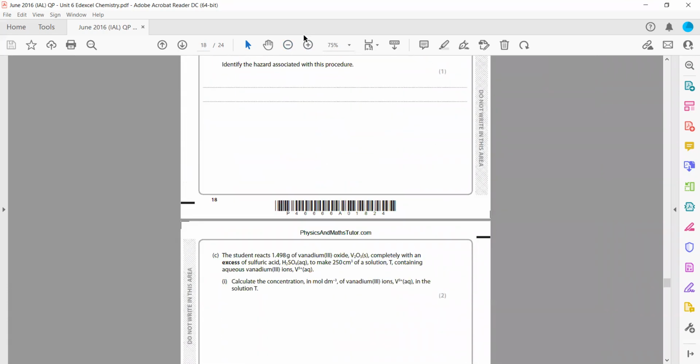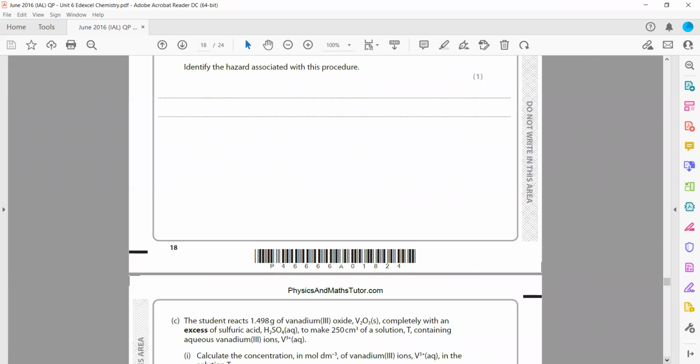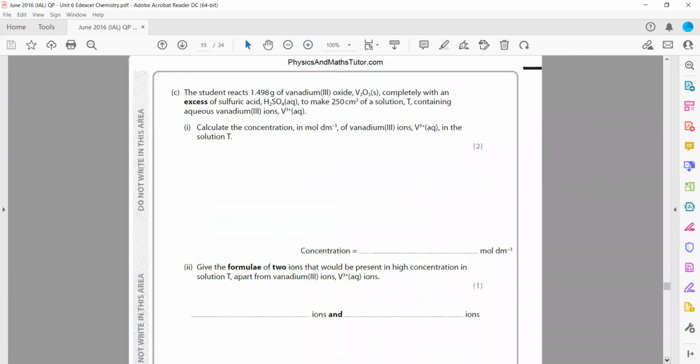Then the student reacted 1.498 grams of vanadium(III) oxide with an excess of sulfuric acid to make 250 cm³ of solution containing aqueous vanadium(III). Calculate the concentration of vanadium(III) in the solution. So moles equal mass in grams divided by molar mass.